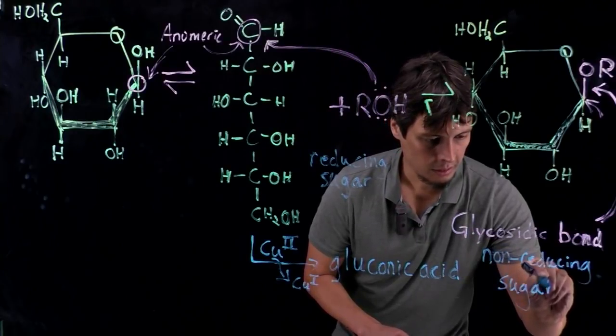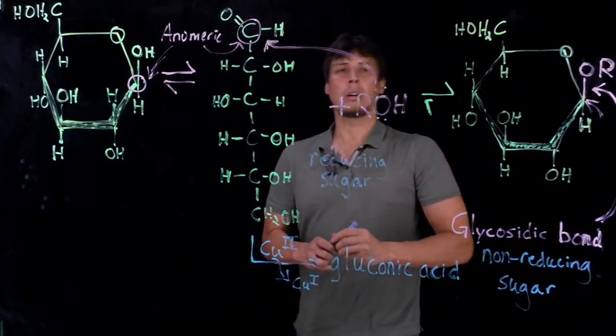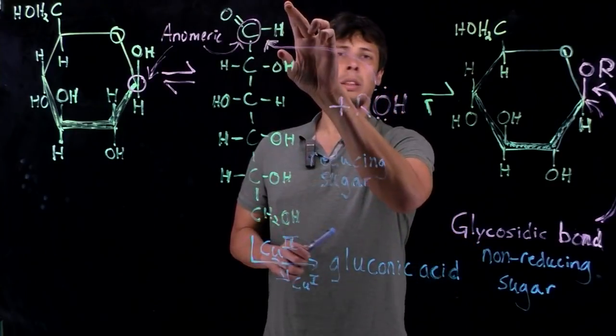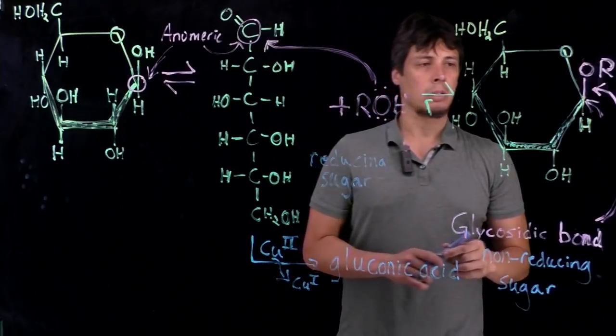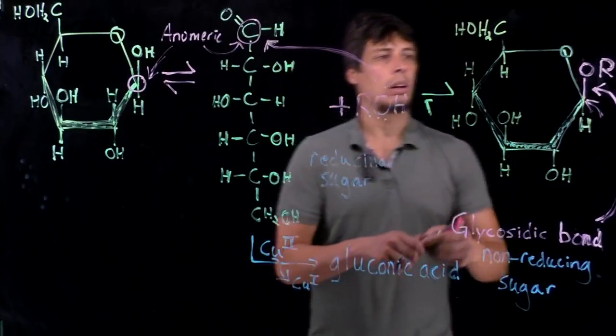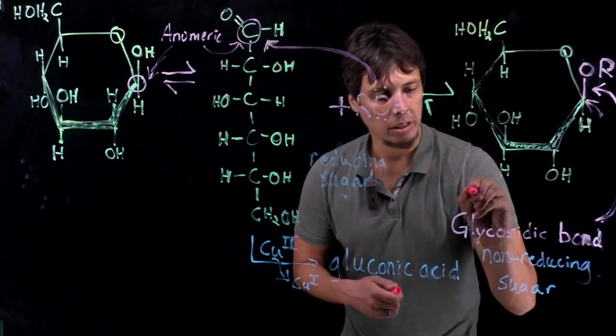So to summarize, when we react an alcohol with the anomeric carbon, we form what's called a glycosidic bond. We can also call the resulting sugar a glycoside.